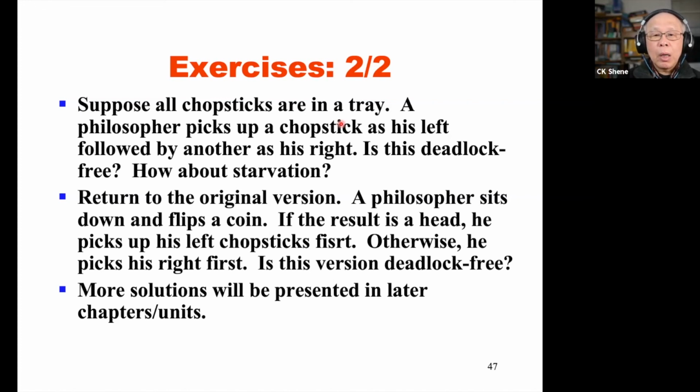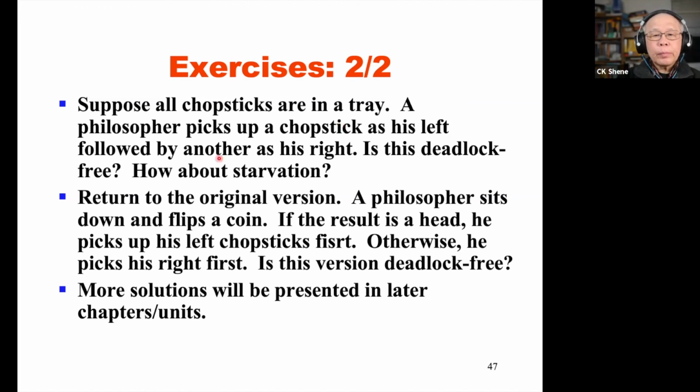And how about starvation? I hope you could use the syntax we used to develop a code for that. Okay, think about this. Is this solution deadlock-free? And is it starvation-free? And if it's not, use an execution sequence to illustrate at least one philosopher may never have the chance to eat, even though he has a seat.